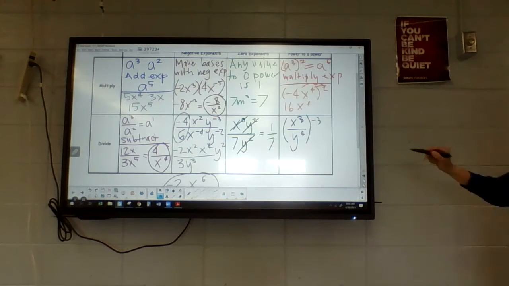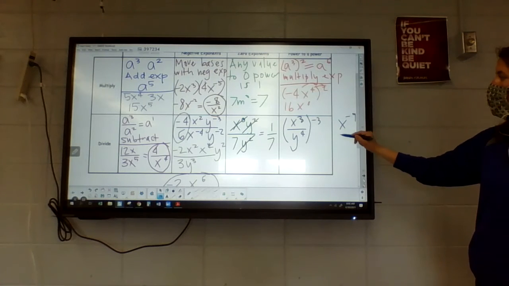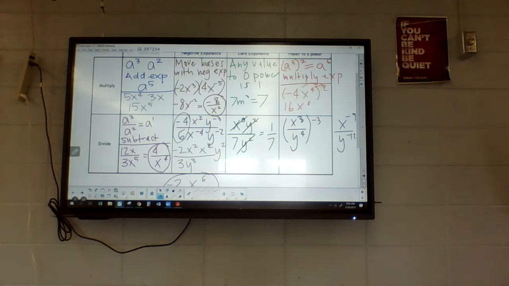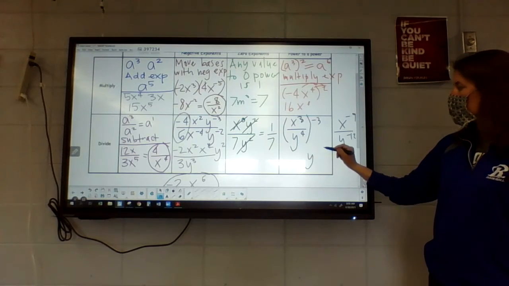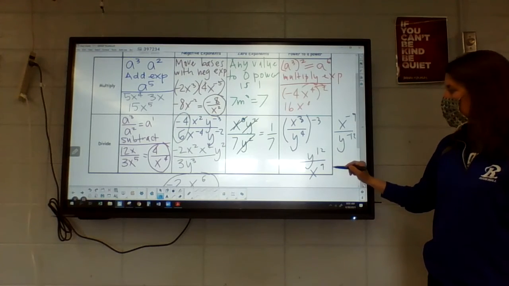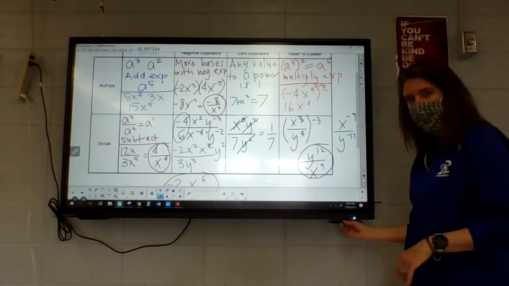So that's going to become x to the negative 9, and then y to the negative 12. And since they're negative exponents, they're going to flip their positions. And then they become positive. Our power to a power rule there.